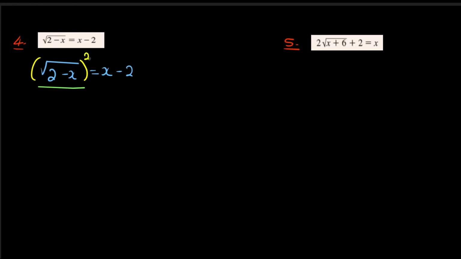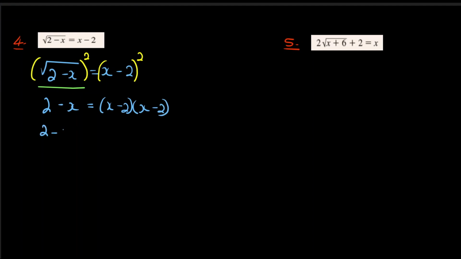We get rid of the square root by squaring. We know that the square root and the squared cancel off. And remember the golden rule of equations: what we do on the left, we also do on the right. So this squared value will cancel the square root, and we'll be left with 2 minus x. On the right hand side, we just need to expand into two identical brackets.